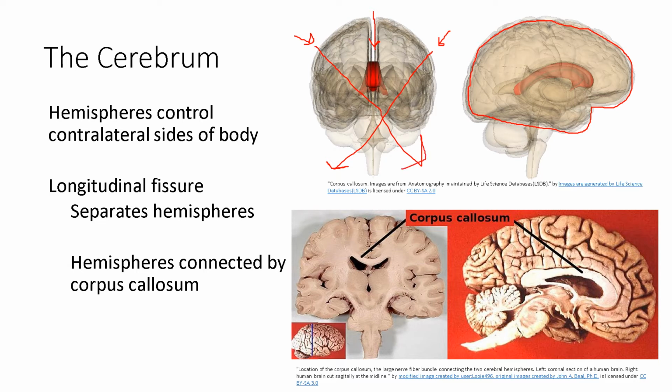Cool, huh? Now, these hemispheres are separated, but they're not totally isolated from each other. There's a bit of white matter that connects the left and right hemispheres. It's called the corpus callosum. It's highlighted in red here. If we look at these images of the brain that have been taken from cadavers, we can see the corpus callosum here.